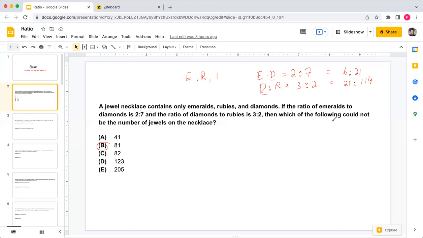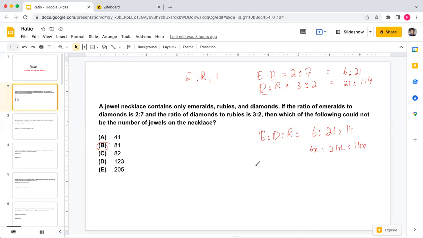Right? So if I combine these, this will become E ratio D ratio R is equal to 6 ratio 21 ratio 14. And I can also write this as 6x ratio 21x ratio 14x.